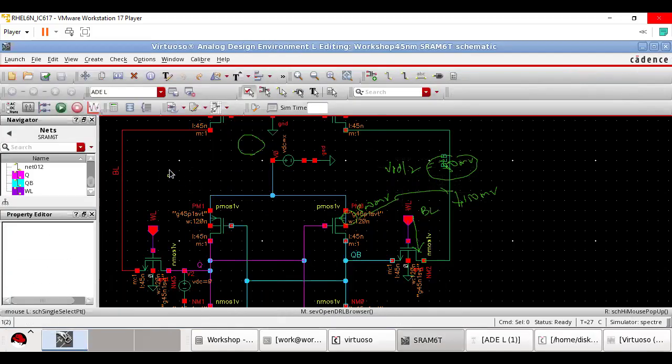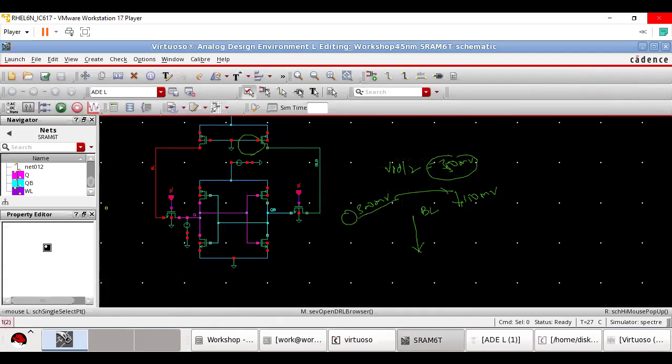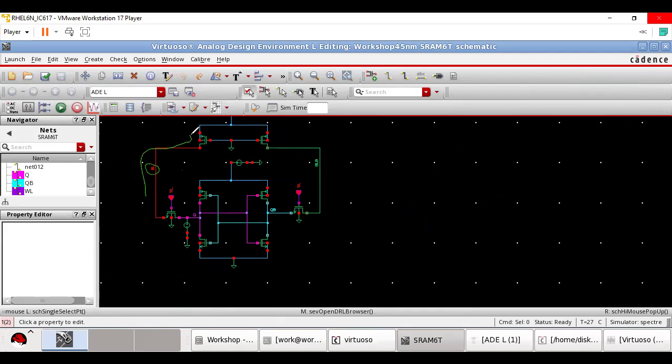We have seen that in this case, the high potential on BL follows this path.